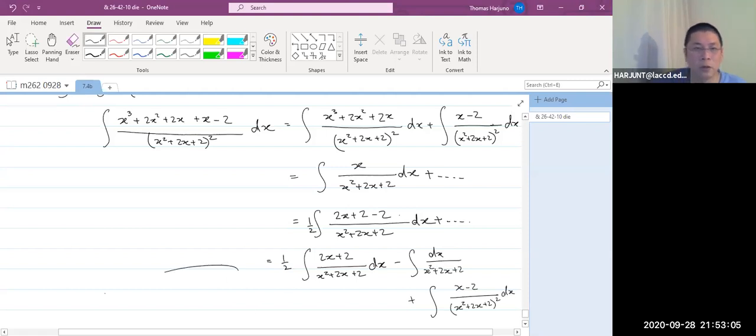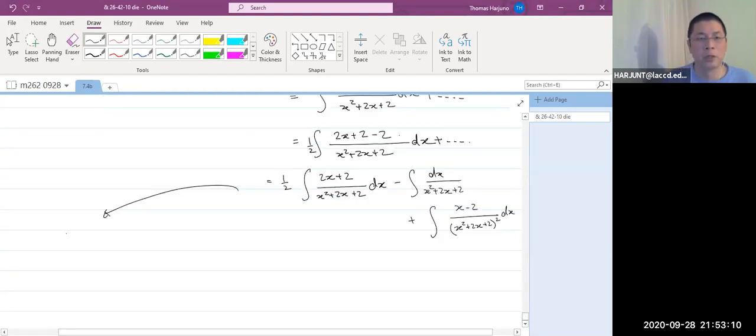Now the first term here will be 1/2 natural log of the absolute value of x squared plus 2x plus 2.